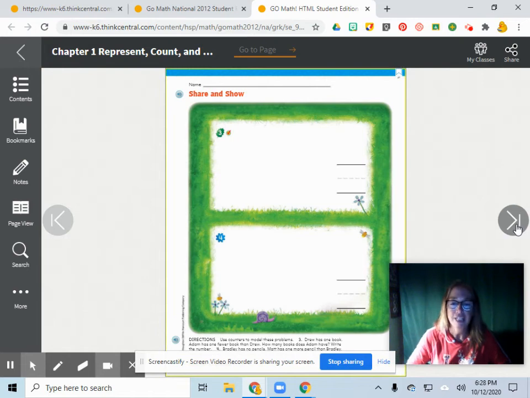Number 3 in the leaf. Again, you're going to use models. And let me think. Drew has 1 book. Adam has 1 fewer. Okay. So you only need 1 counter for this. Ready? Number 3 in the leaf. Put 1 counter on here to pretend it's Drew's book.